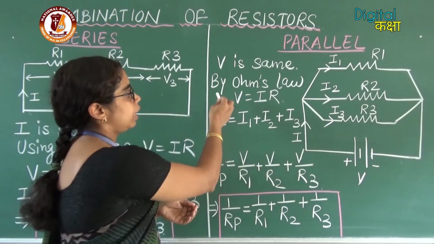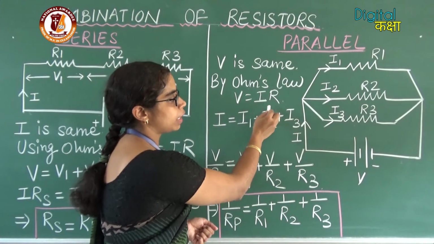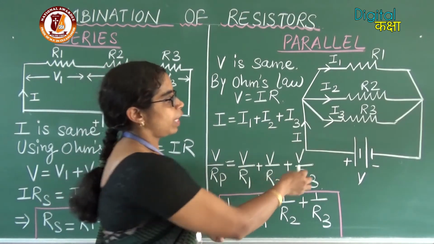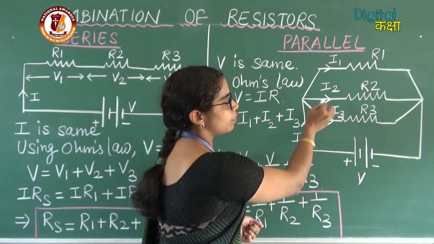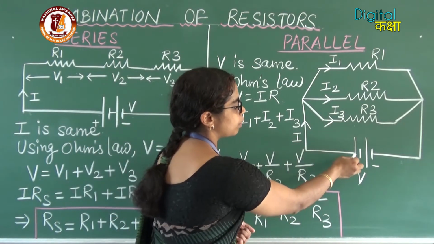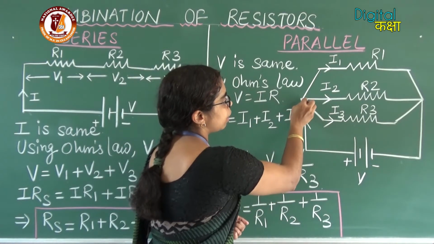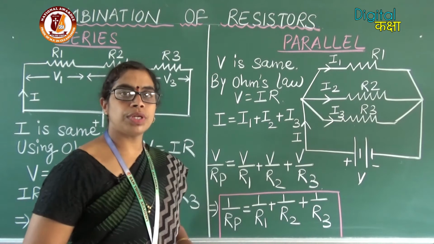Here, by using Ohm's law, we know that V is equal to IR. We have discussed that the potential difference will remain the same, but the current which starts from the positive terminal of the battery will be distributed into three parts.